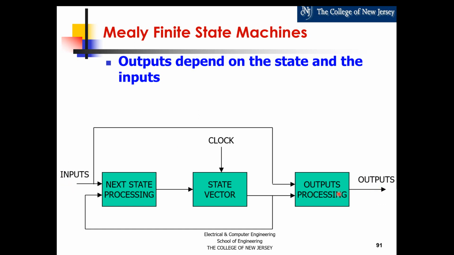And that may not be acceptable in some applications. So you have to use a Mealy state machine. For what we're doing here, you're going to do a Moore state machine, because you don't have to deal with the asynchronicity of the inputs affecting the outputs. So that's just a quick review of state machines.